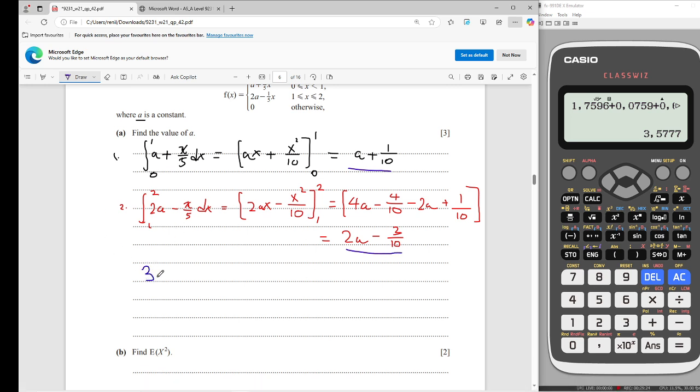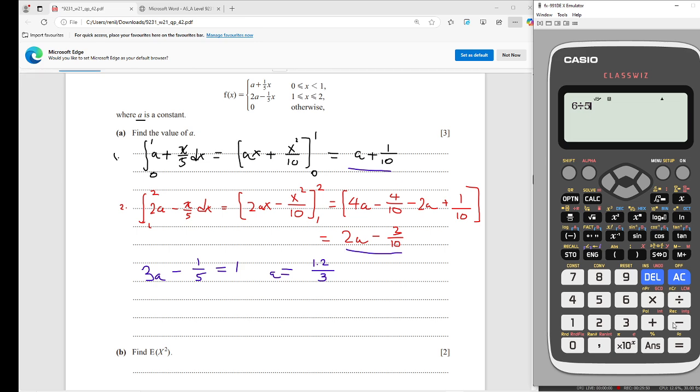So basically we're going to get 3a, and 1 by 10 plus negative 3 by 10 is negative 2 by 10, or negative 1 by 5. So 3a minus 1 by 5 is equal to 1, which means a is equal to 1.2 over 3. 6 by 5, which is 1.2. We divide by 3, and it's going to be 2 by 5.